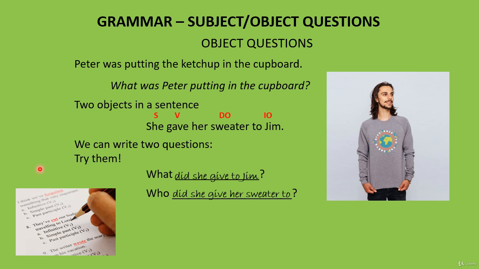Another way to write the original sentence is, she gave Jim her sweater. When we write the indirect object before the direct object, we don't write to. Also, the question could be, whom did she give her sweater?